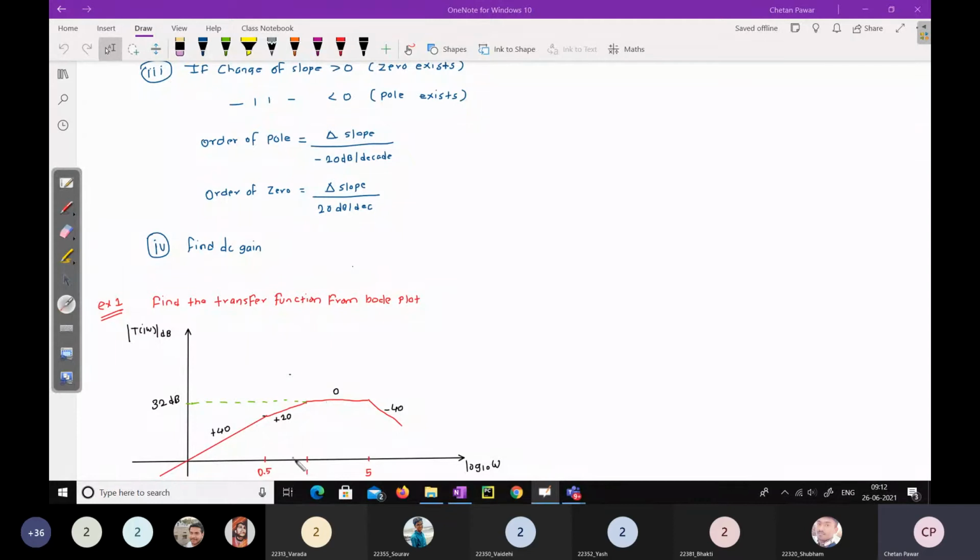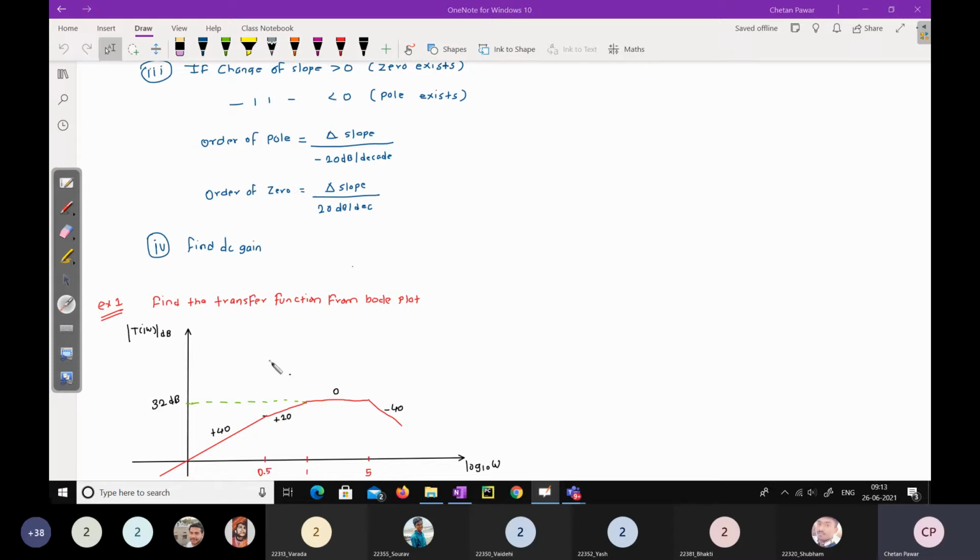After that, the slope is 0 dB per decade between the corner frequencies 1 and 5. At corner frequency 5, the slope changes again to minus 40 dB per decade. As you can see, at each corner frequency the slope changes. That's why these are the corner frequencies.